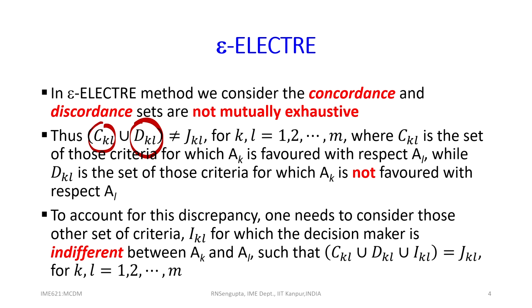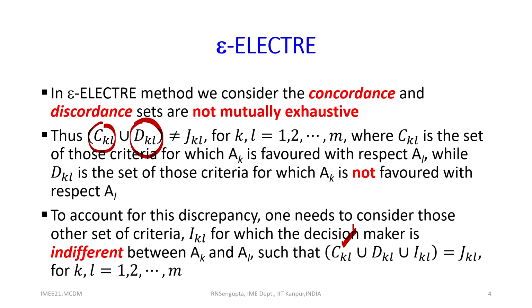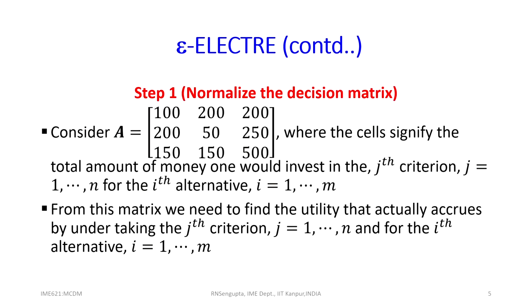To account for this discrepancy, one needs to consider those criteria which we put in the set IKL, which we denote as the indifference set of criteria between AK and AL, such that the concordance liking, discordance disliking and indifference would make up the whole set of criteria we are trying to analyze. There it was CD, here it is CDI. C means concordance, D means discordance and I means indifferent.